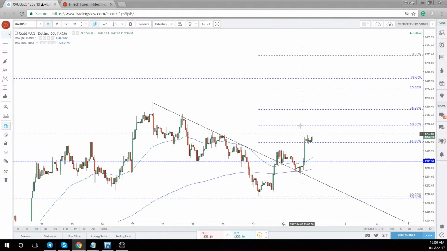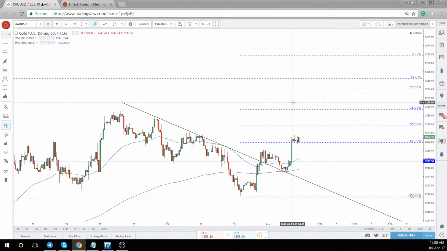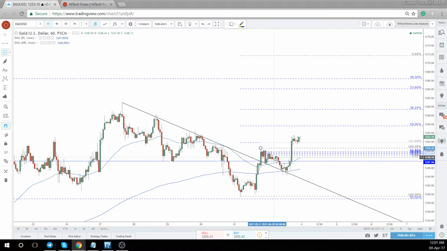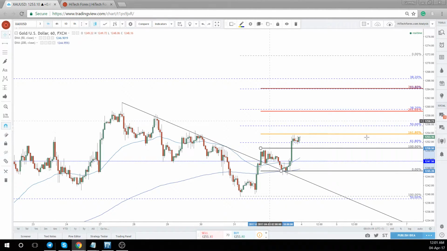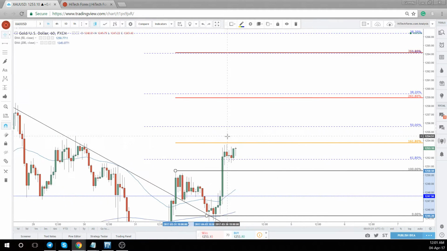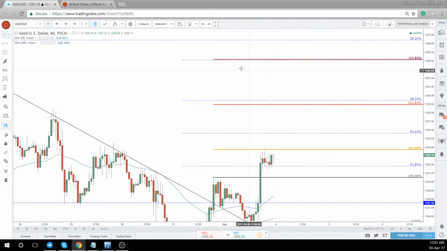So what we have now is levels of resistance again. Now the next thing I'm going to do is apply Fibonacci to this corrective wave here, where you can see the trend line has been rejected. 161. So what we see is that these two levels correspond with each other.